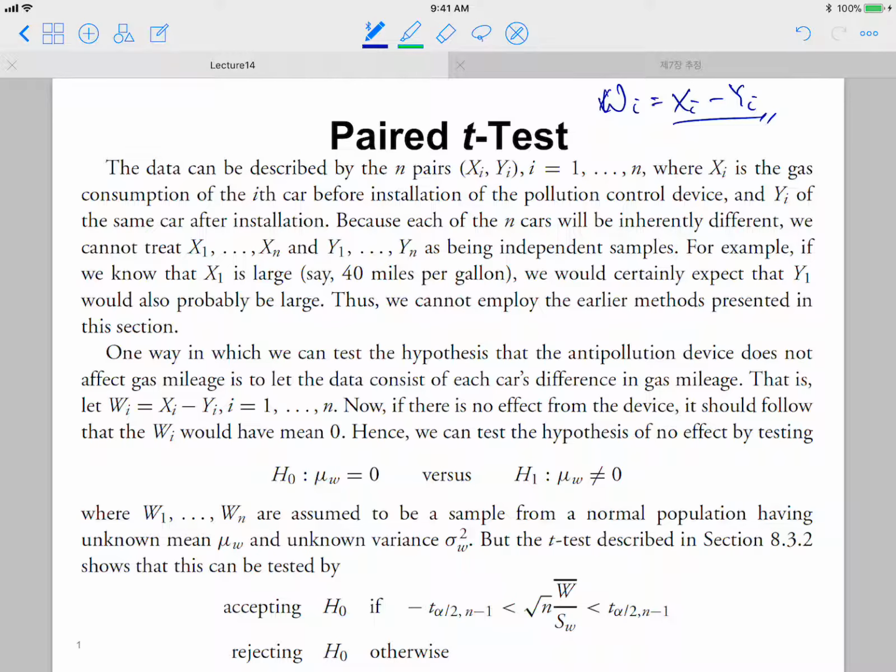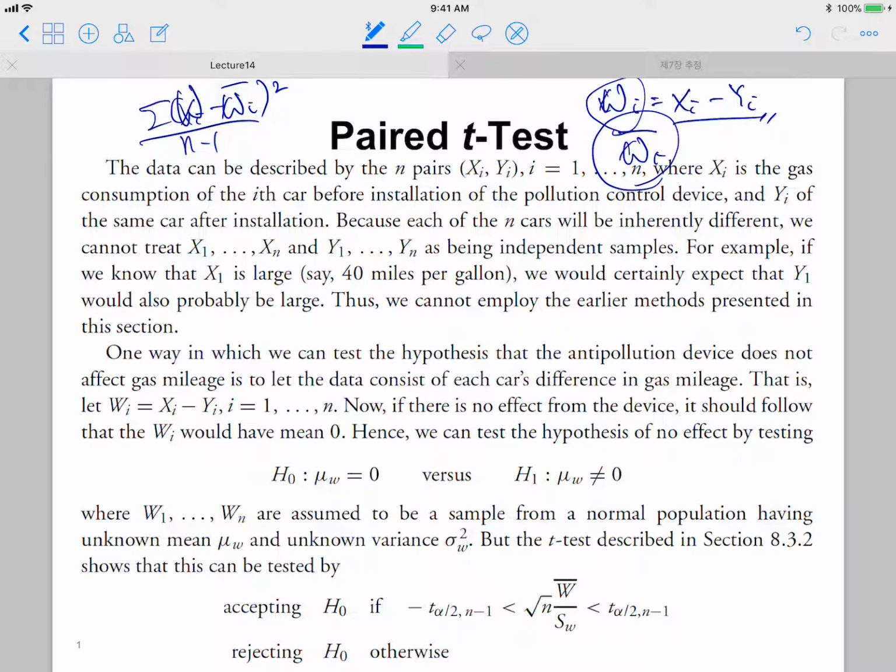And then we have basically 10 numbers, and we compute w bar, the sample mean, and then the sample variance of these wi's. If we had 10 people, we just compute the sum of wi minus w bar squared, and so we can obtain this sample variance of our wi's.